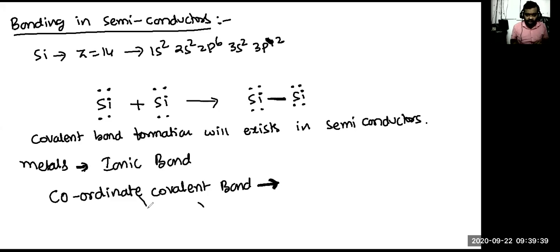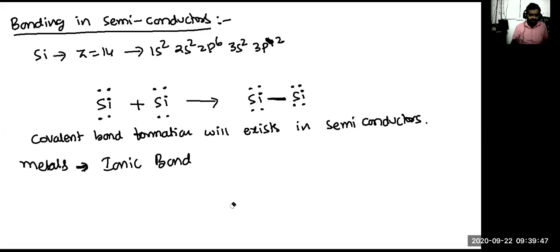Coordinate covalent bond will exist in metals and in alloys. This one we don't require. Sometimes in NEET they asked what type of bonding will exist in metals and semiconductors. That's all.